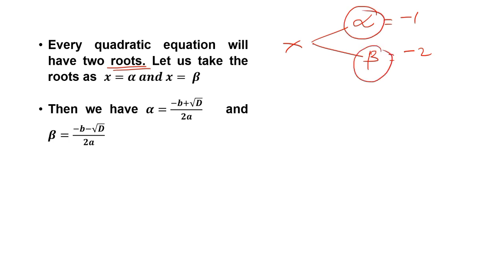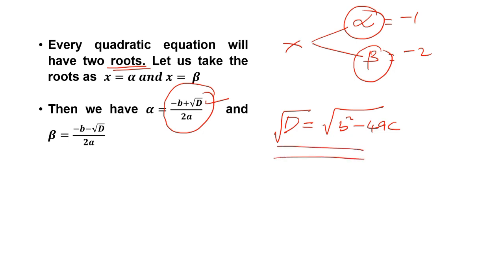So the values are calculated using the formula. Alpha is equal to minus b plus root d by 2a. What is d? D is the discriminant, b square minus 4ac. That is root d. In place of d, we will write b square minus 4ac.